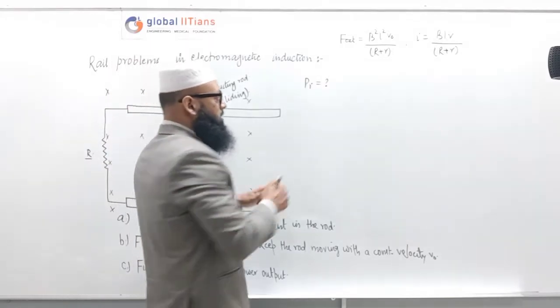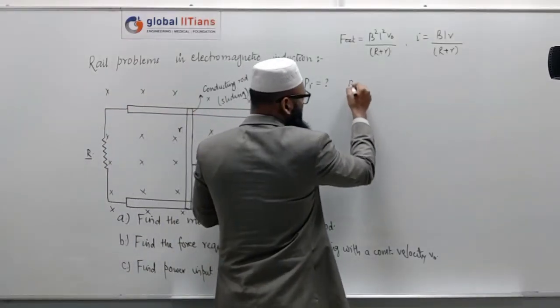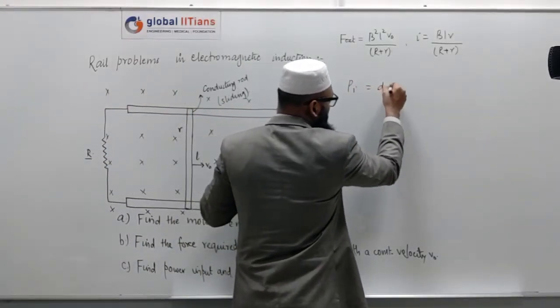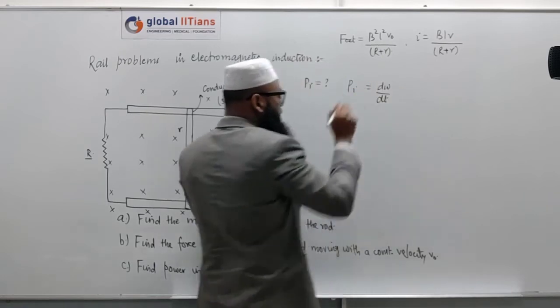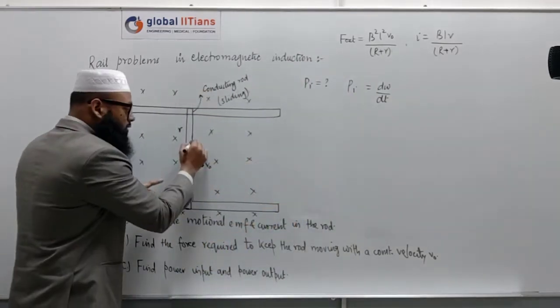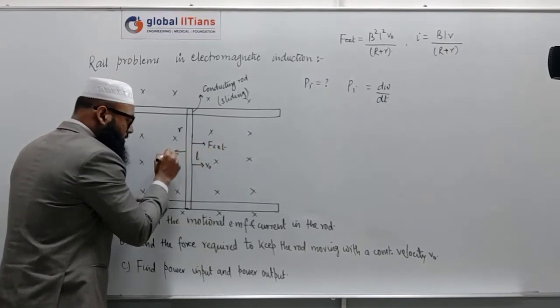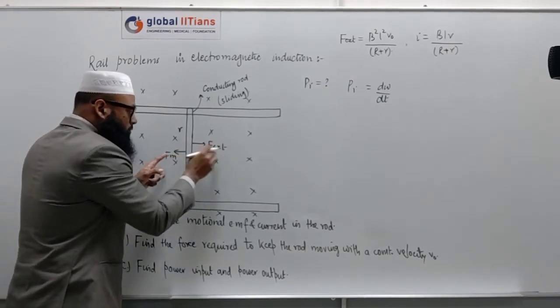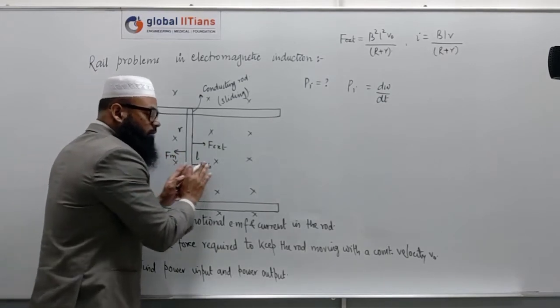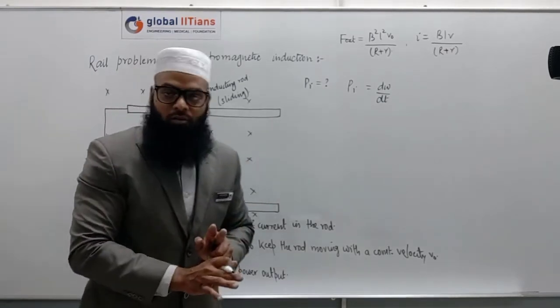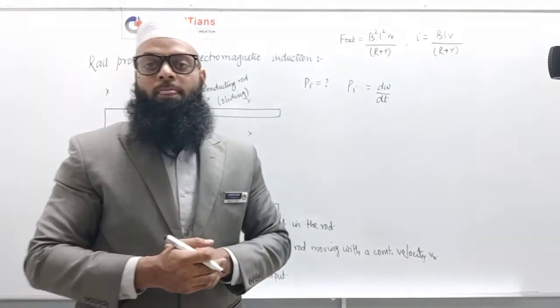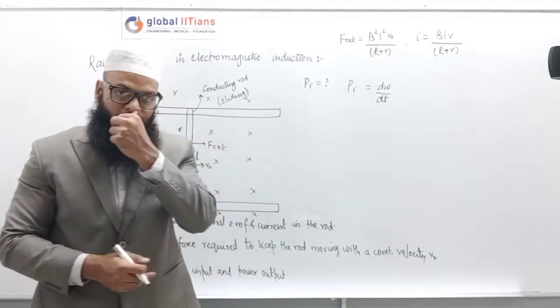So power dissipated, or the power input, will be equal to work done per unit time, and this work has to be done by the external force that you will be applying in this direction opposite to the magnetic force which was in this direction, such that both the forces cancel out each other, and the rod keeps on moving with a constant velocity v naught, thereby producing a constant induced EMF B L v naught all the time.